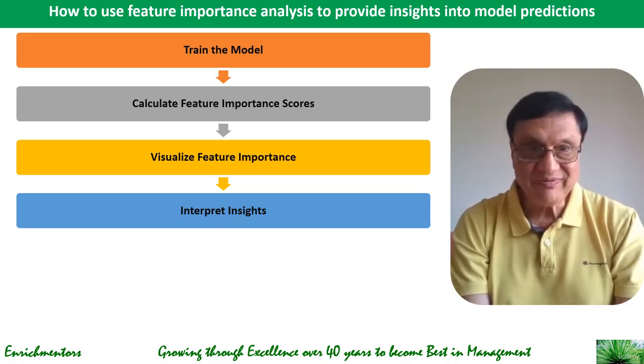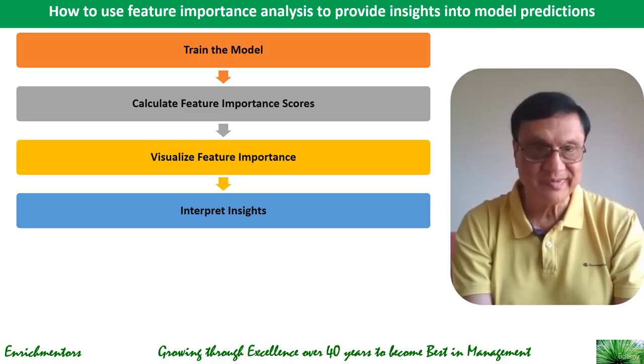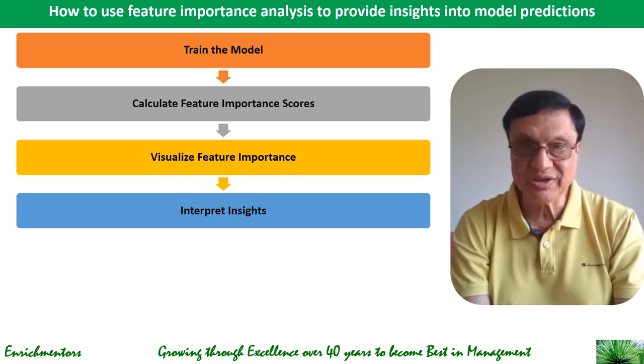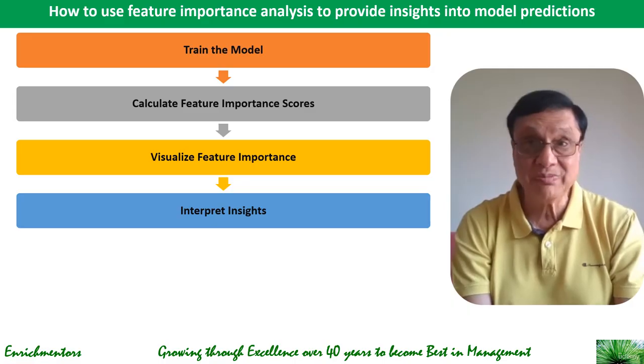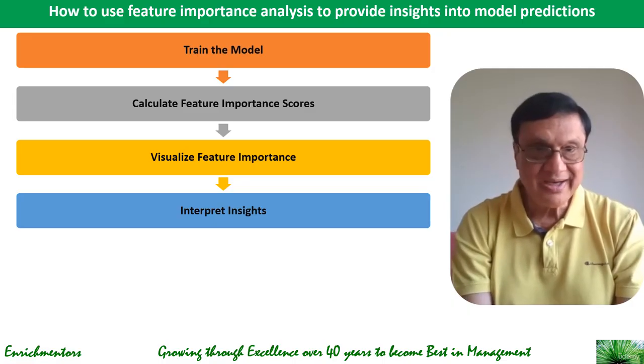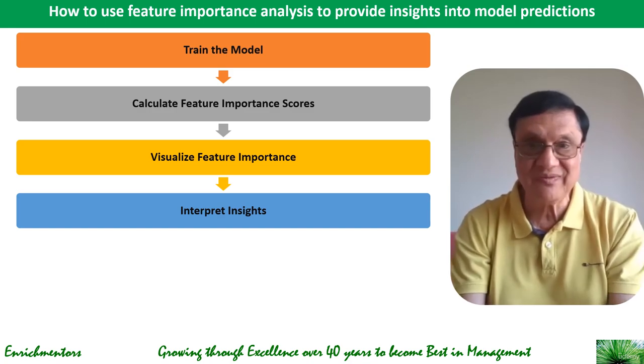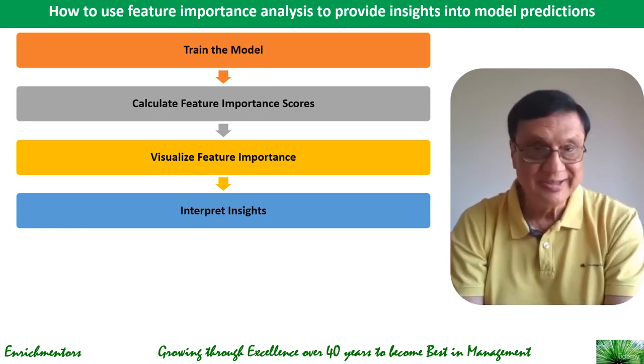Which features have the highest importance scores? Obviously, these are the most influential features in making the prediction. Are there any surprise or unexpected results? For example, are there features with low importance scores that were expected to be important? And the last question that you could consider is, are there any correlations or interactions between features that influence their importance?